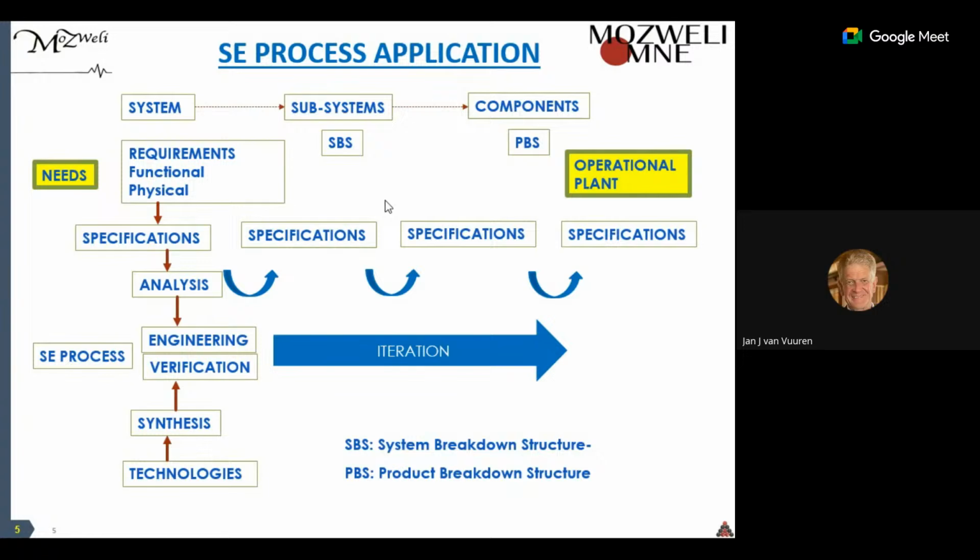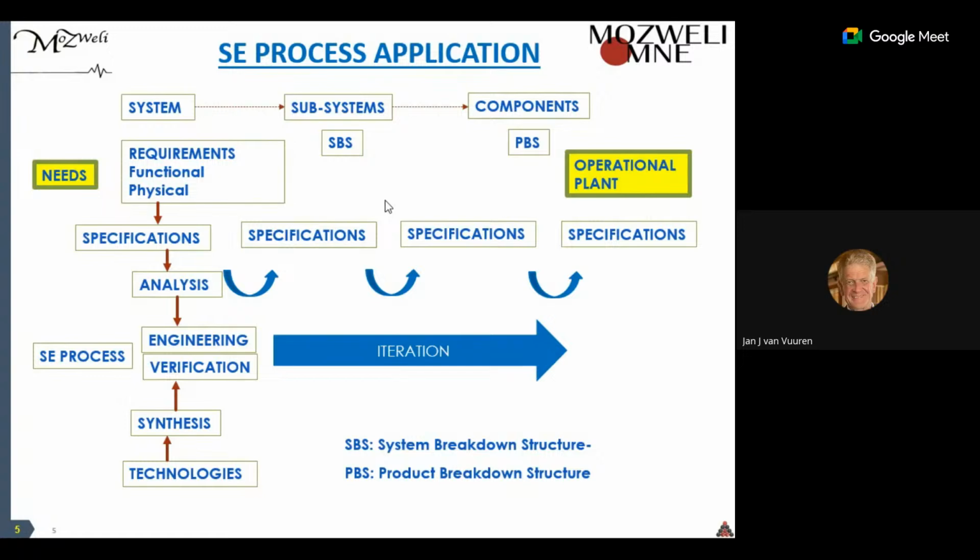The biggest principle of systems engineering is to break down the need into specifications of firstly the nuclear power plant.